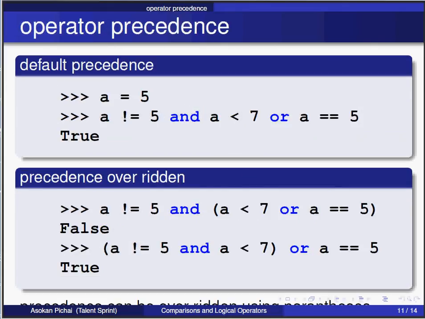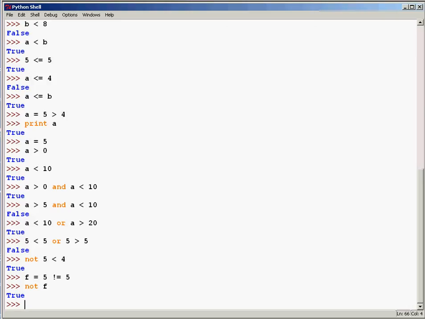Now let us look at expressions that involve more than one logical operator. In this expression, if the AND operation is performed first and then the OR operation, the result will be a true. But if the OR operation is performed first and then the AND operation, the result will be a false.